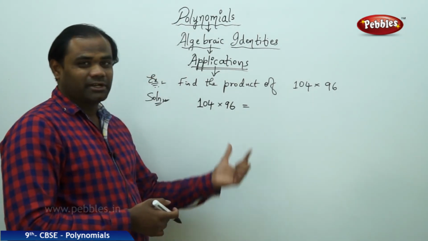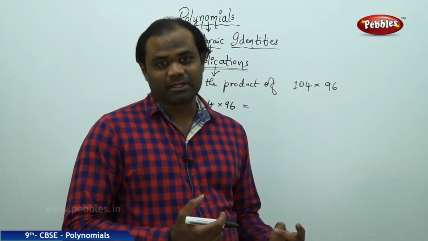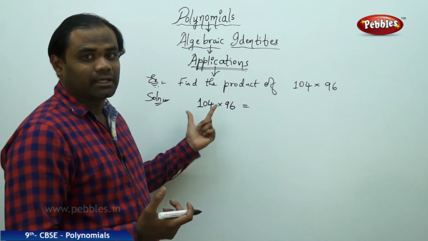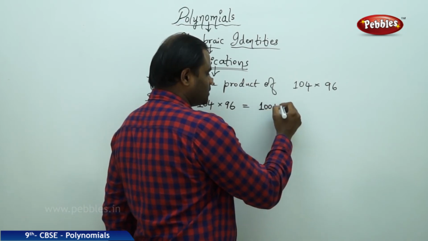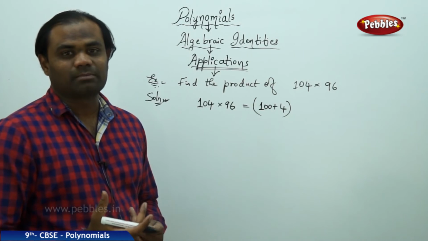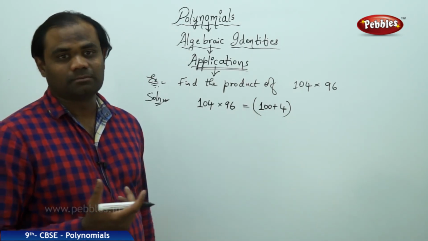Generally in these kinds of problems, we try to express the numbers through standard numbers. 104 I can express as 100 plus 4, so that 100 is easy to multiply or even to divide or add with other numbers.